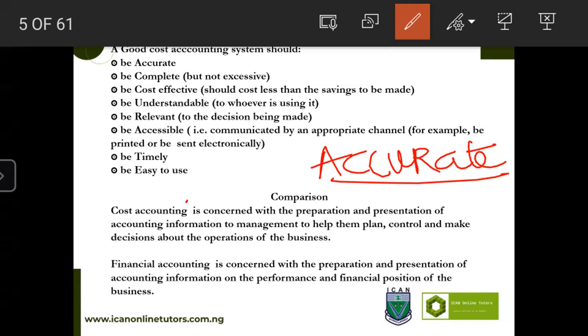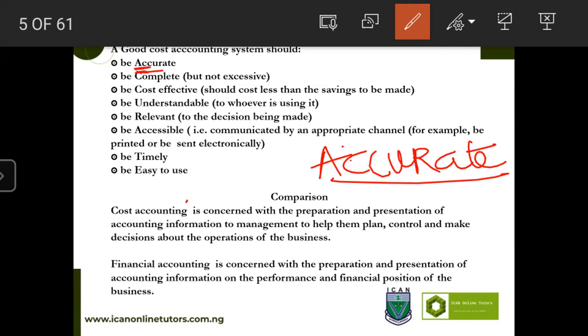But this ACCURATE is an acronym. When we say acronym, A stands for something, C stands for something, C stands for something, like that. The first A, accurate. One of the qualities of a good information or a good accounting system is that the information must be accurate. Accurate means it must be correct.